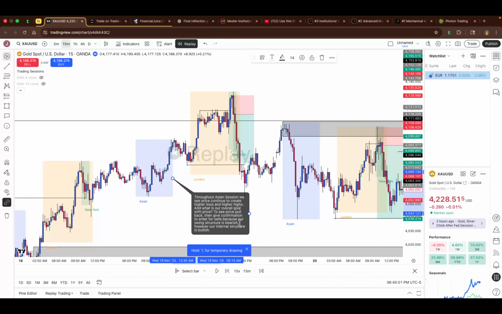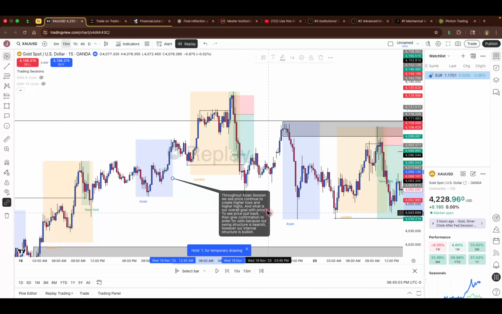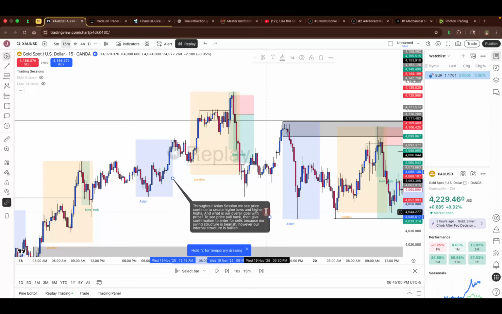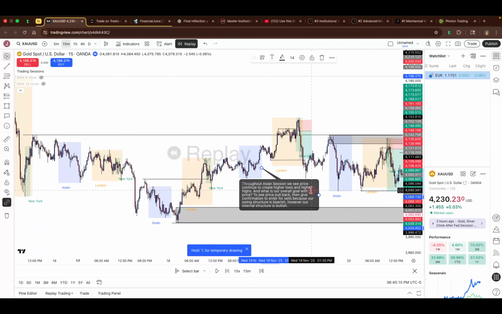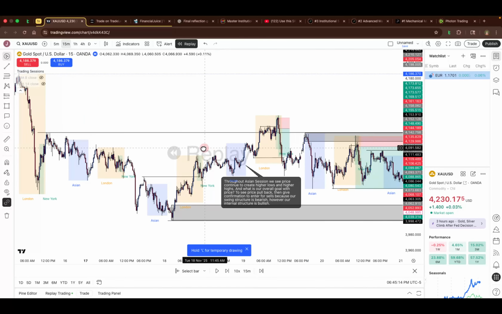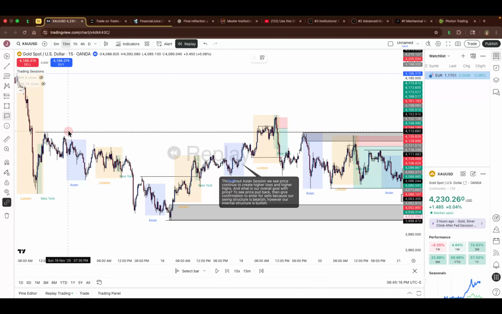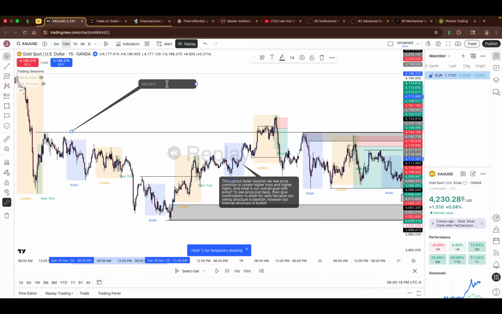Our strong high price has yet to break. This is our strong high, right?